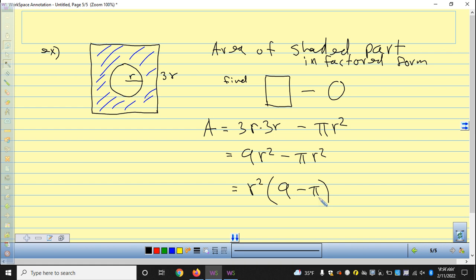That would be the area in factored form. About how big is 9 minus pi? About 6, yeah. Because pi is about 3. 9 minus 3 is 6, so 9 minus pi is about 6.